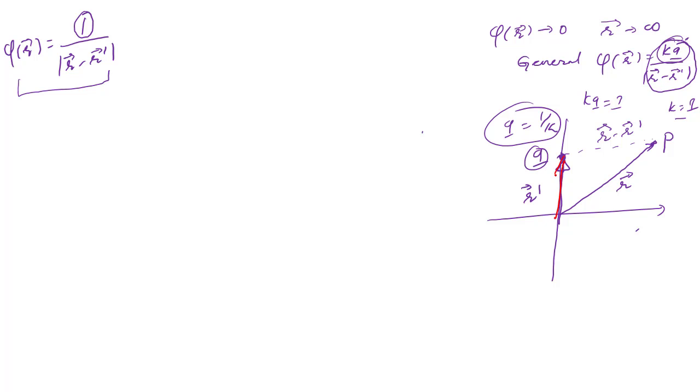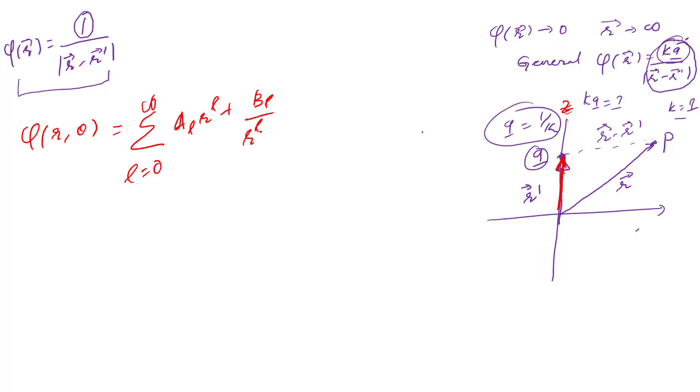That's why, because our charge is along the z-axis, there is no phi term. So we write phi of r, theta in general as the sum over L equal to 0 to infinity of AL r to the power L plus BL by r to the power L plus 1, times PL of cosine theta.